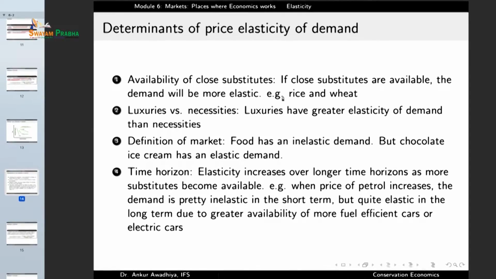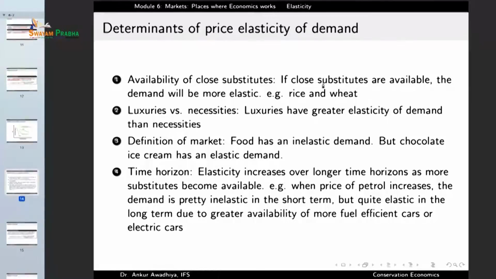Now, why would that happen? Because rice and wheat are close substitutes. If the price of rice increases, you can reduce your quantity of rice demanded and shift more towards wheat. So if you have a close substitute available, whenever there is a change in price, you can reduce the quantity of that particular product and shift to its substitute.